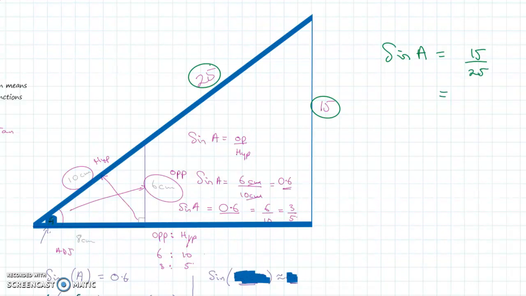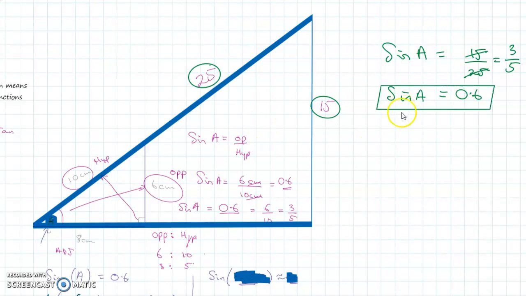And that divided by 5 over 5 gives me 3 over 5, which is the exact same as we had for 0.6. 3 is to 5. 6 is to 10. So that same angle, regardless of how big the triangle is, will always have that same ratio of 0.6.